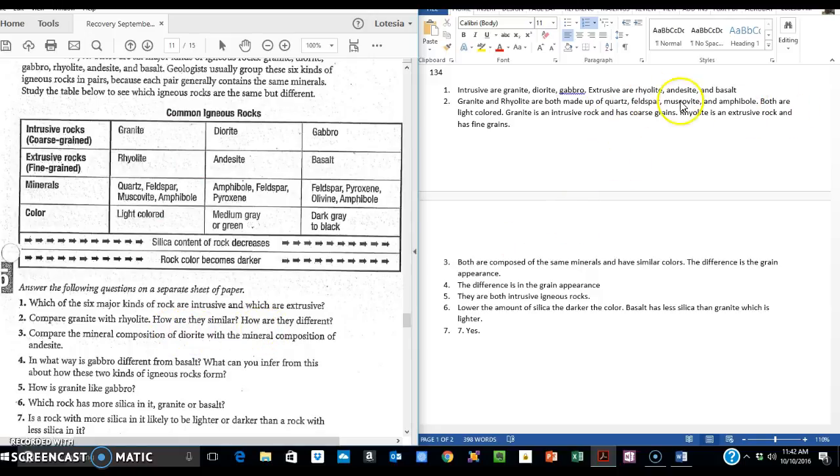And for the similarities, I put that both of them are made up of the same minerals, and both are light colored, because if you look at the bottom of their column, the color for these 2 is going to be light. Then it asks you, how are they different? Granite is an intrusive rock and has coarse grains, whereas rhyolite is an extrusive rock and has fine grains. And I was able to get that information based on the column to their left because it told you where each one was classified. Number 3, compare the mineral composition of diorite with the mineral composition of andesite.